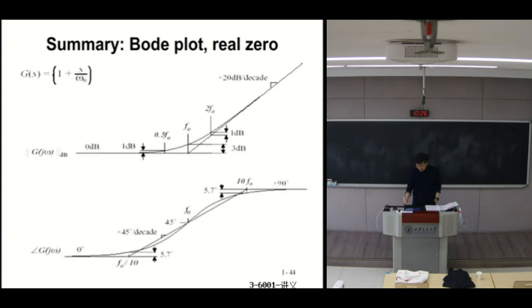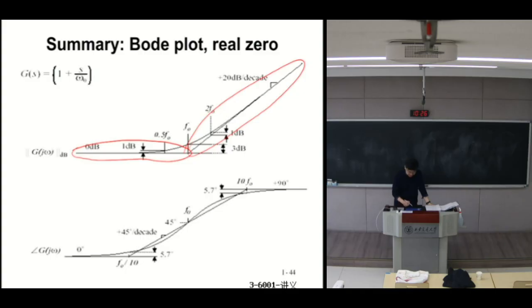The Bode plot of a single zero has a magnitude that at low frequency is approximately a flat line, but at high frequency another straight line approximately represents it with a plus 1 slope, plus 20 dB per decade.